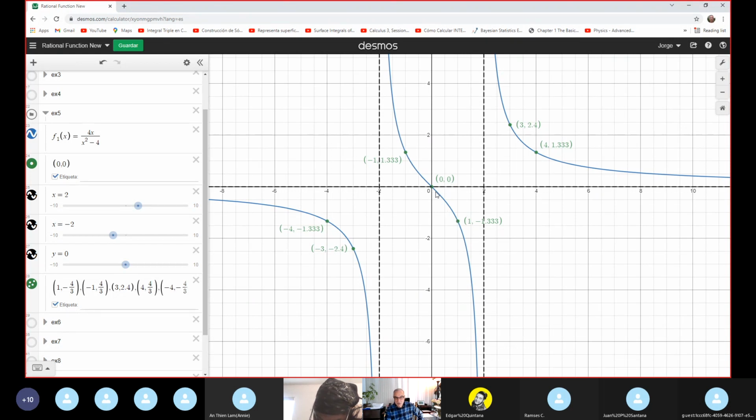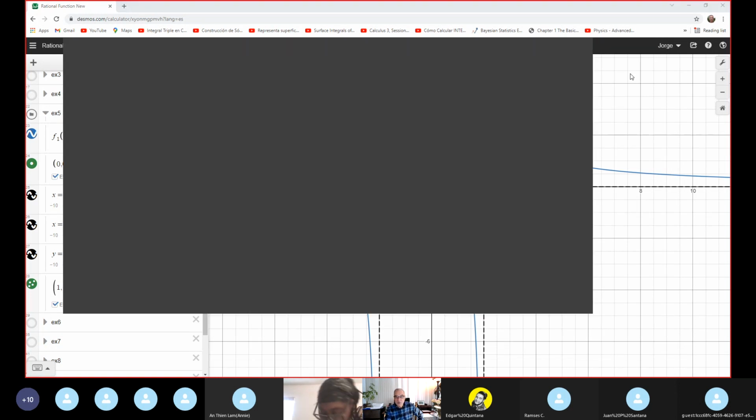It's symmetric with respect to the origin, and this is exactly the same, this and that. Good or not good? Any question, guys? What part is confusing? Today we're doing 2 more examples.